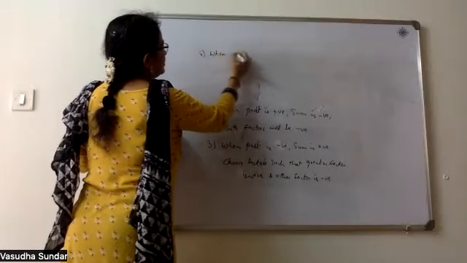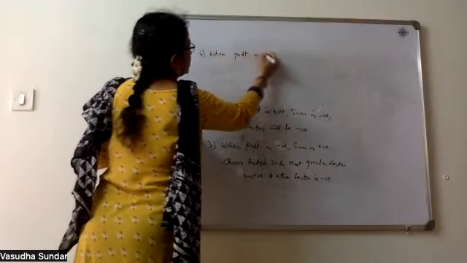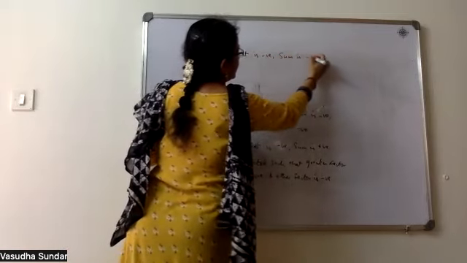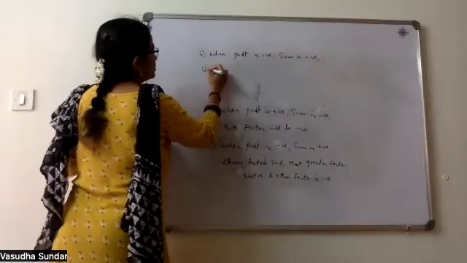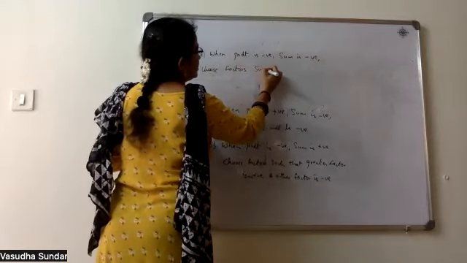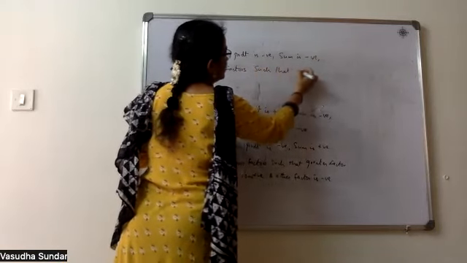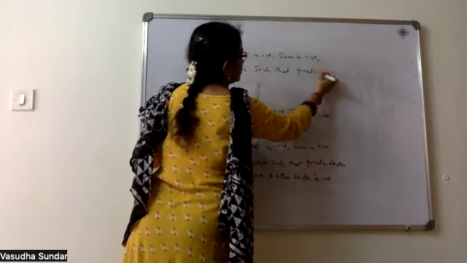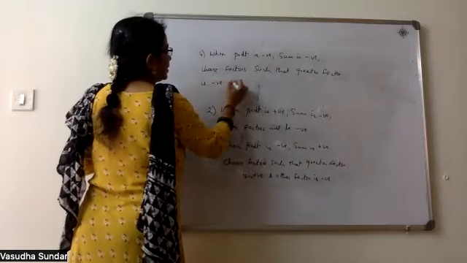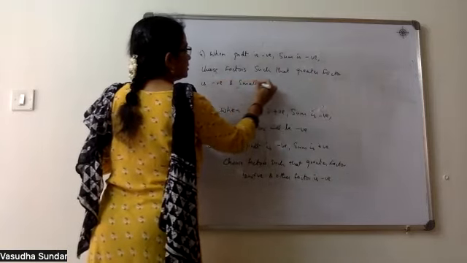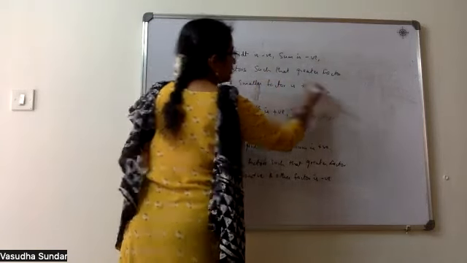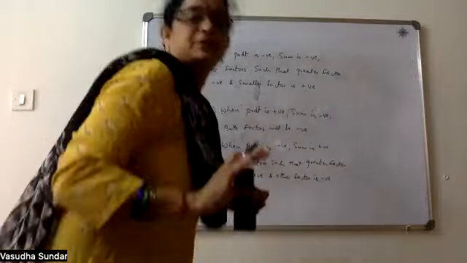When product is negative and sum is negative, choose factors such that the greater factor is negative and the smaller factor is positive. Did you understand these four rules?